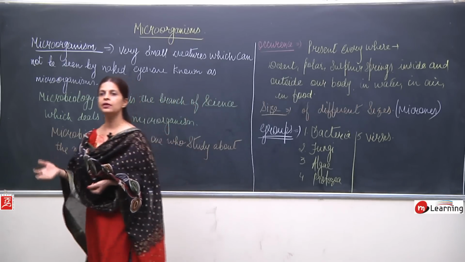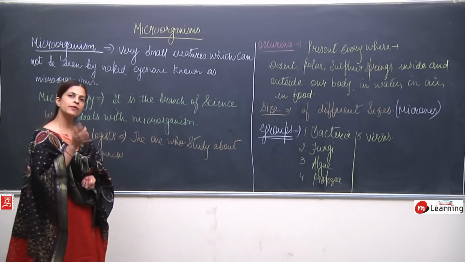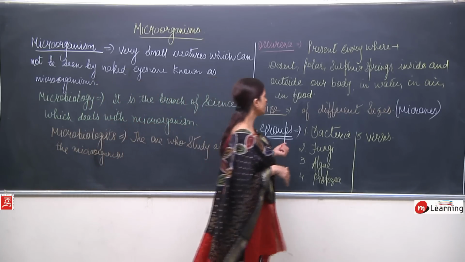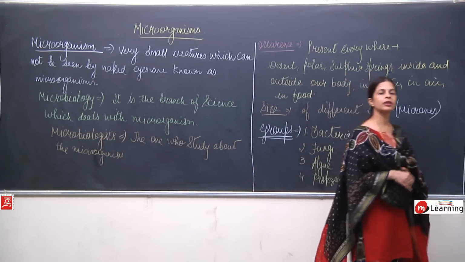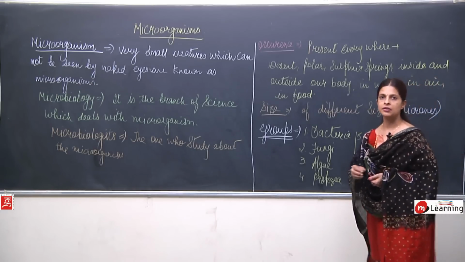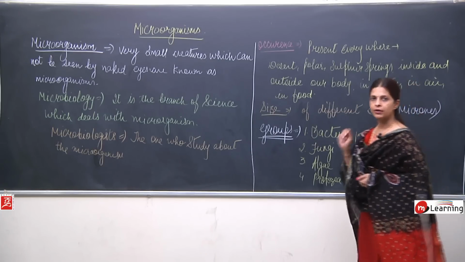Their size differs. All the microorganisms are not of the same size, but they are very small and they are measured in microns. Then we have also studied about the occurrence, which we have discussed, that they are present everywhere in this universe. This was about all microorganisms.